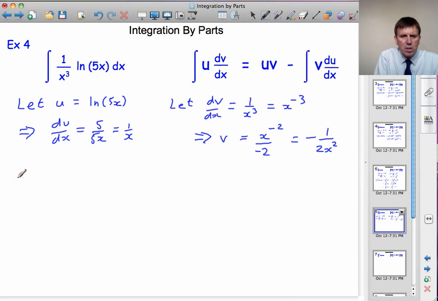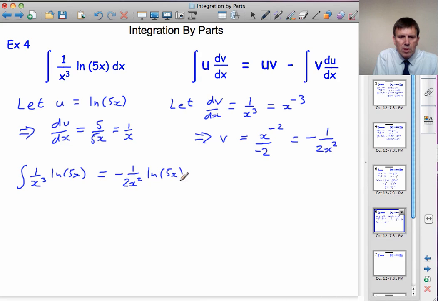Right, substituting in our expression, we get the integral of 1 over x cubed log 5x is equal to uv, which is this term multiplied by this term, so it's minus 1 over 2x squared log 5x minus the integral of v du by dx, that's minus 1 over 2x squared times 1 over x.